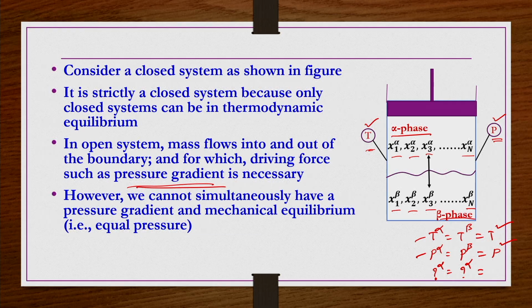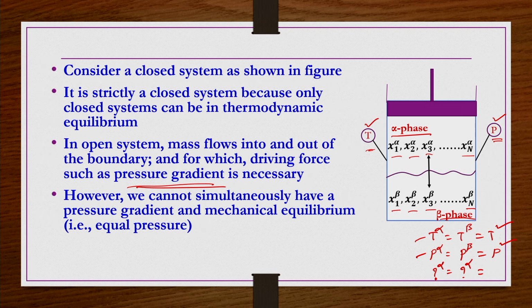Pressure gradient is existing, so you cannot say that there is mechanical equilibrium. We cannot simultaneously have a pressure gradient and mechanical equilibrium, that is, equal pressure established on either side of the boundary in an open system where the transfer of species or mass flow is taking place in and out. Okay. So that is not possible.